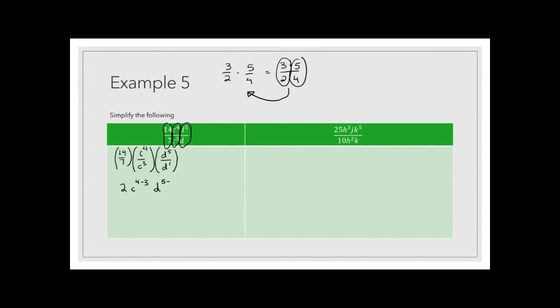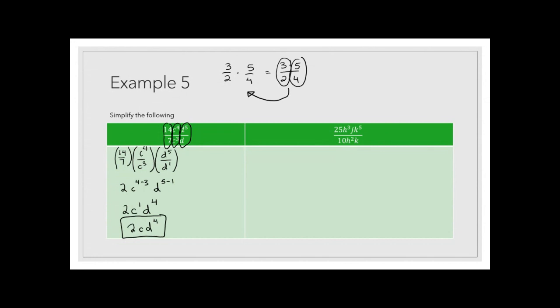It's always the top minus the bottom, so that's 5 minus 1. So this gives me 2. 4 minus 3 is 1, and then 5 minus 1 is 4. And I can leave off the 1 on my exponent and write it as 2c d to the 4th.